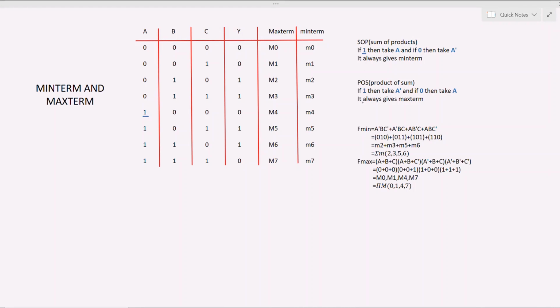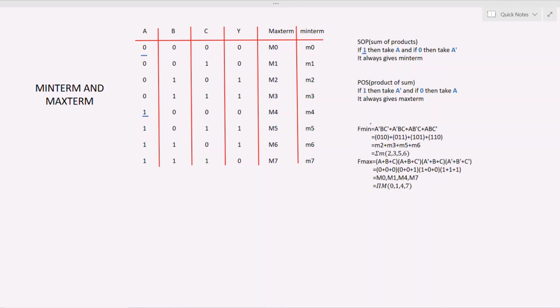But in this POS form, we take 0 as the variable itself, and if it's 1, we take it as the complement of that variable. Here in this first row, A is 0, so we'll take A as it is. And if it is 1, we'll take the complement of that variable.